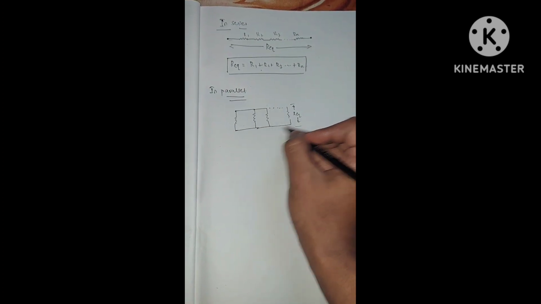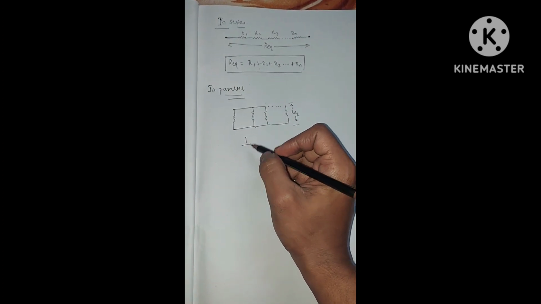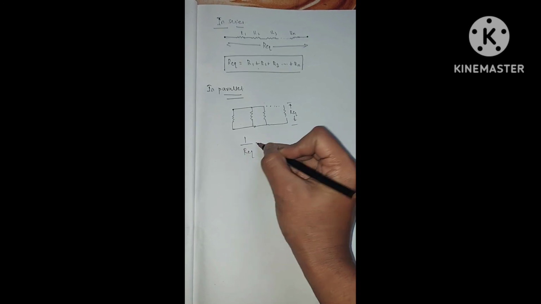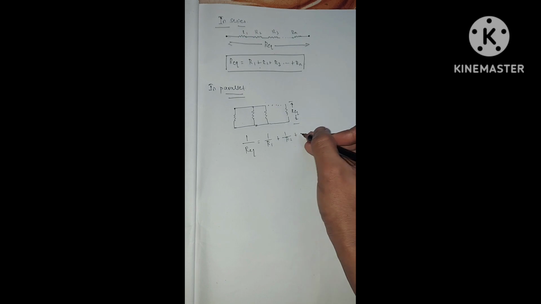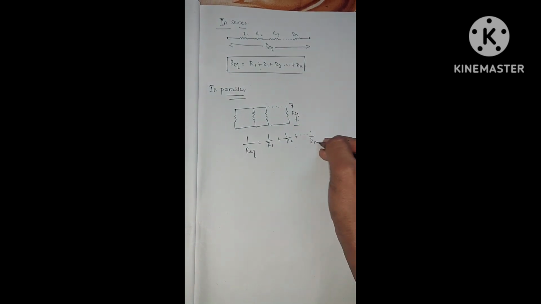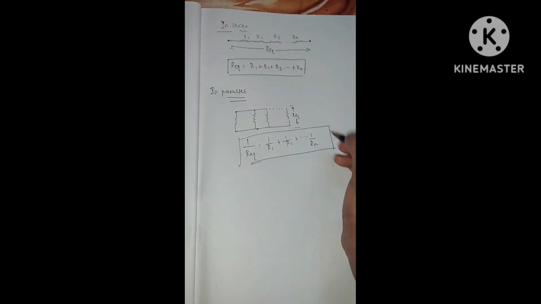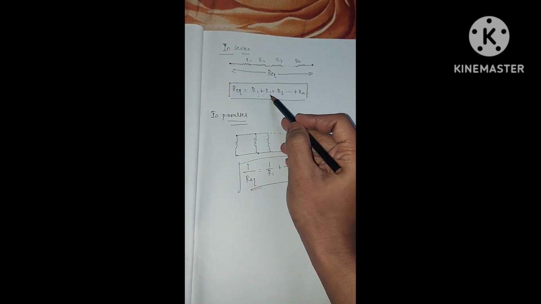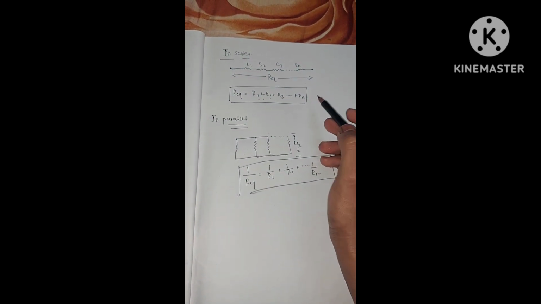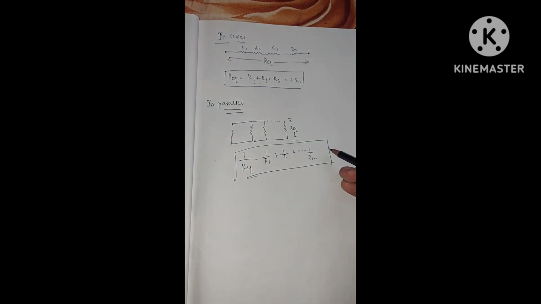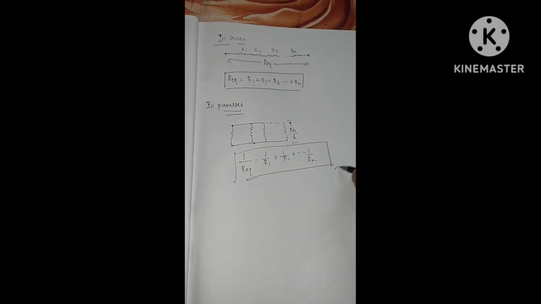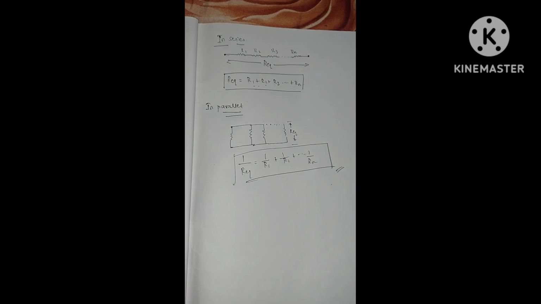So Req in parallel: for parallel, we will just divide it. 1 by Req is equal to 1 by R1 plus 1 by R2 plus dot 1 by Rn. For series, we just add R1 plus R2 till Rn, and in parallel we just divide it, 1 by R1 plus 1 by R2 dot 1 by Rn. So resistor is complete. Next, capacitor.